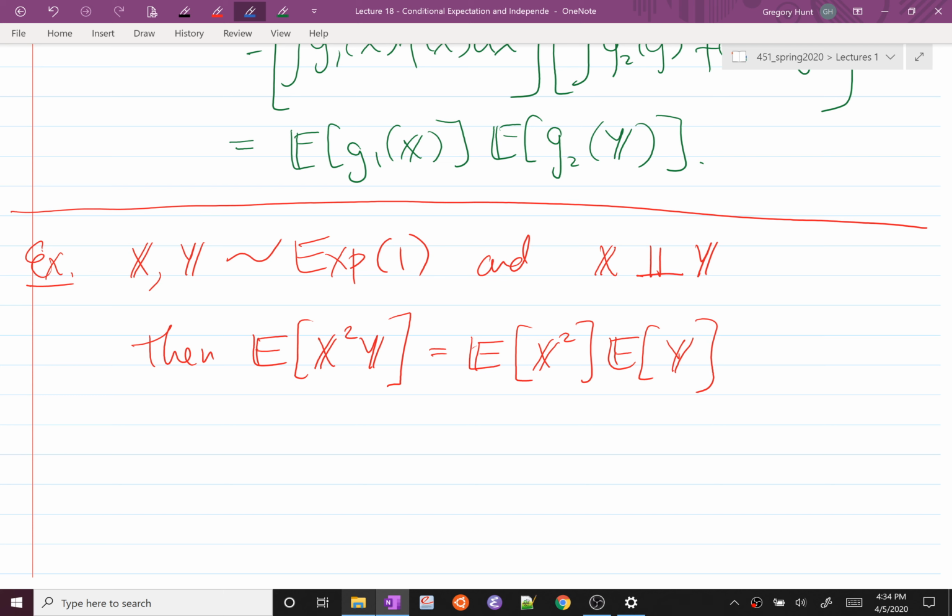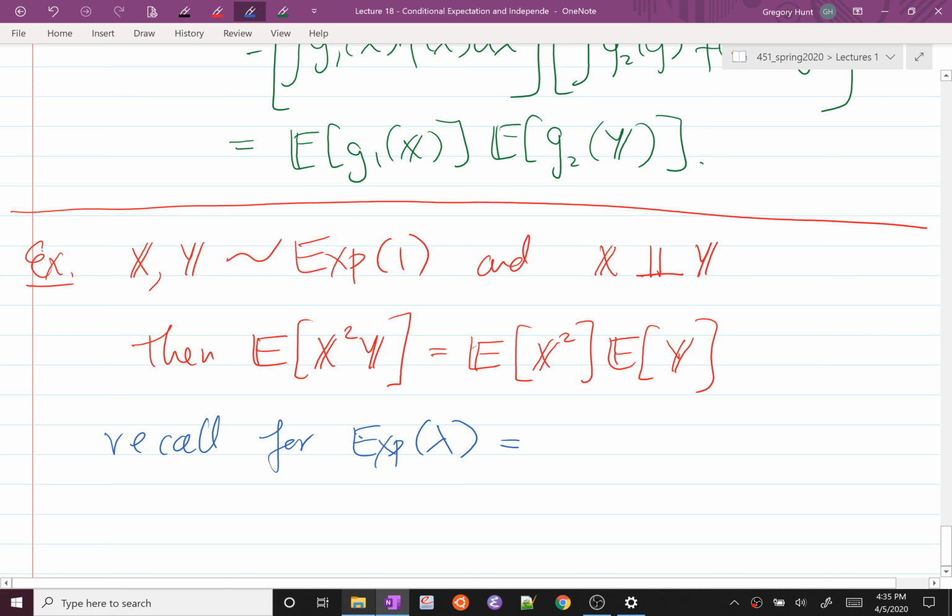If you recall, for exponential distributions, if you go back and look, let's say I have some z that's exponential with rate lambda, the expected value of z is 1 over lambda, and the expected value of z squared is 2 over lambda squared.